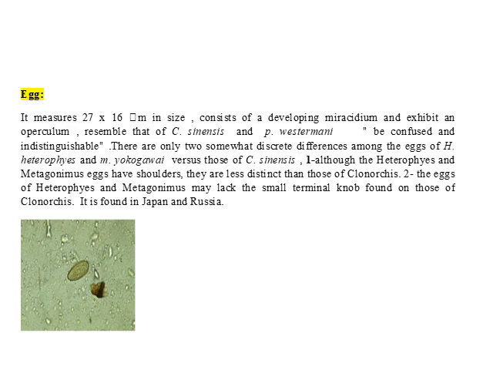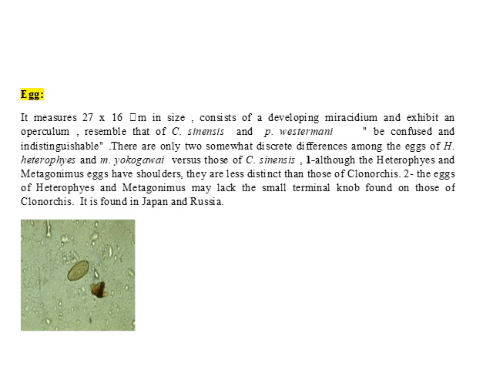Now, it resembles that of Clonorchis sinensis and Paragonimus westermani, and can be confused and indistinguishable. There are only two somewhat discrete differences between the eggs of Heterophyes and Metagonimus yokogawai versus those of Clonorchis sinensis.